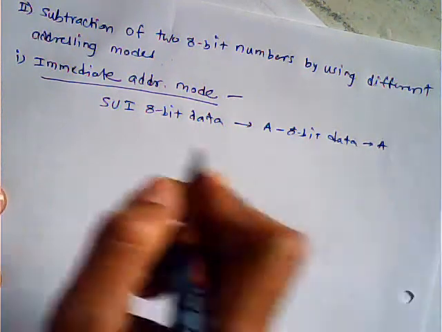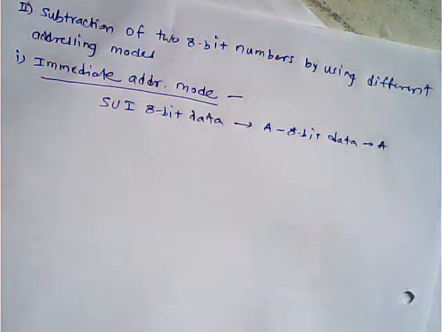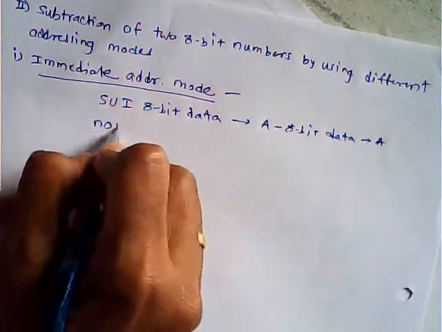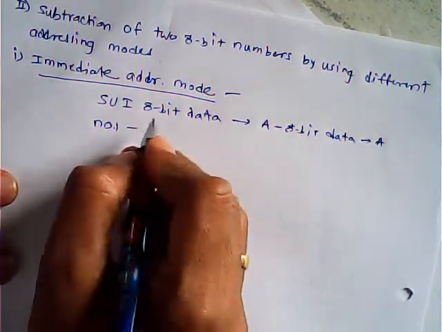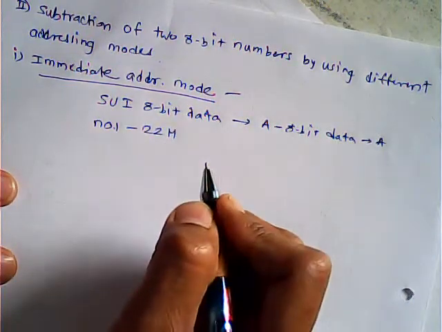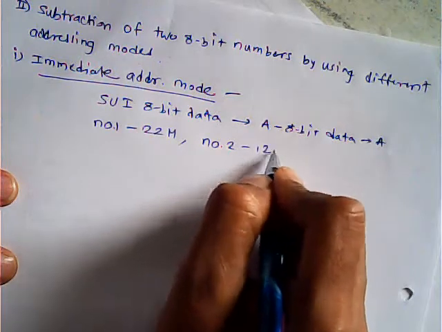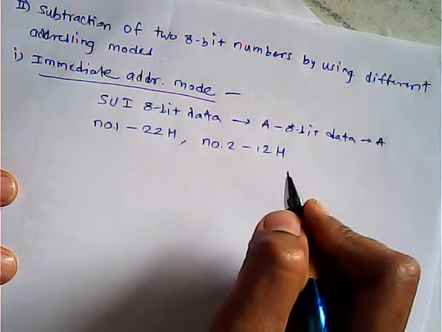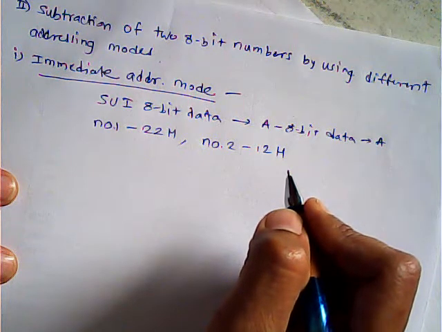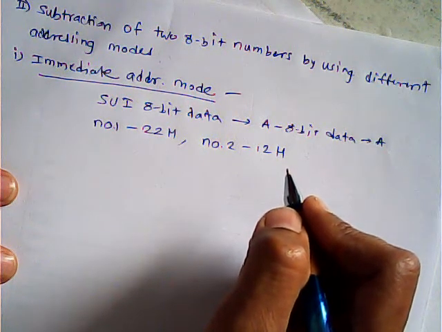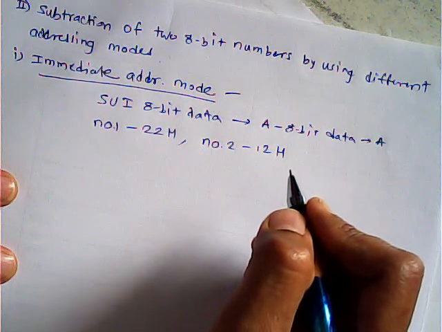Suppose the two numbers are given to you for the subtraction. Suppose number 1 is 22x and number 2 is 12x.